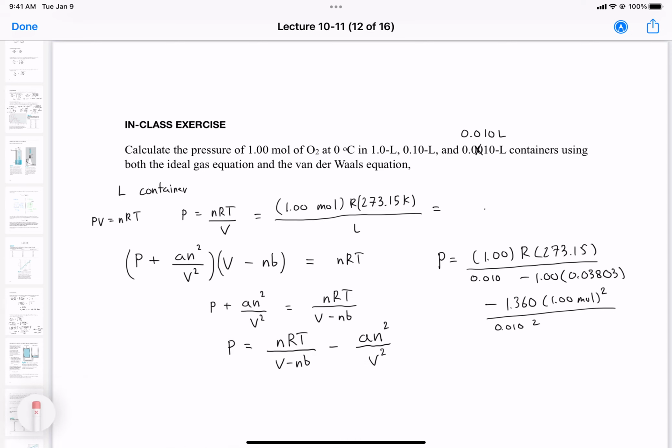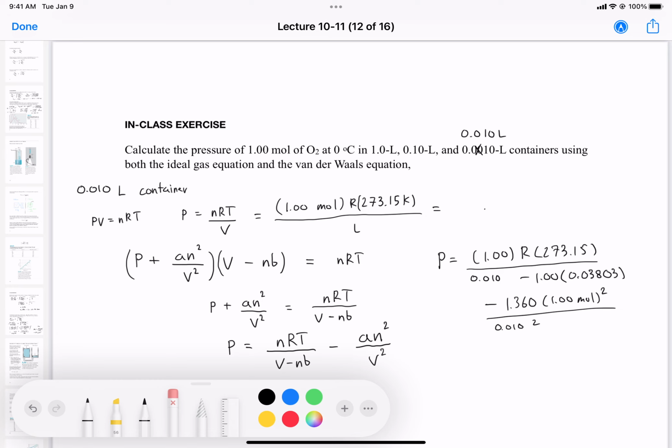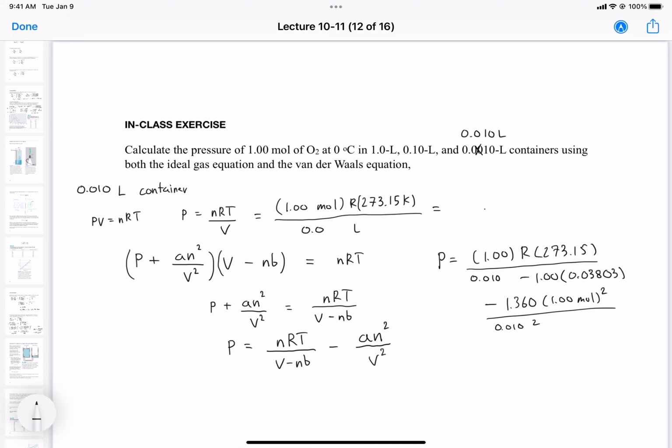So now let's plug that into our calculator. So first, let's calculate the pressure from the ideal gas law. In this case, it'll be 273.15 times 1 times 0.08206.